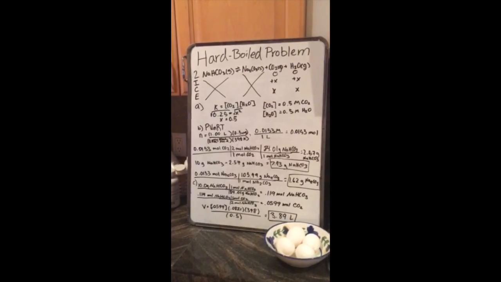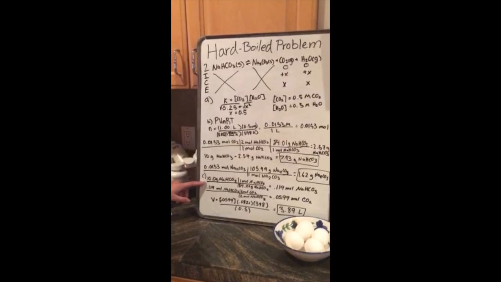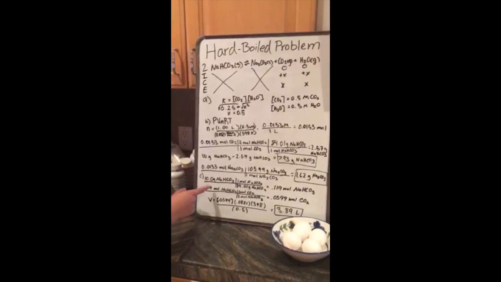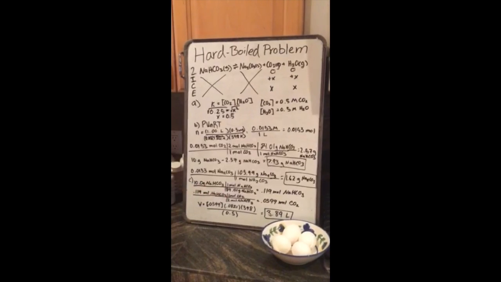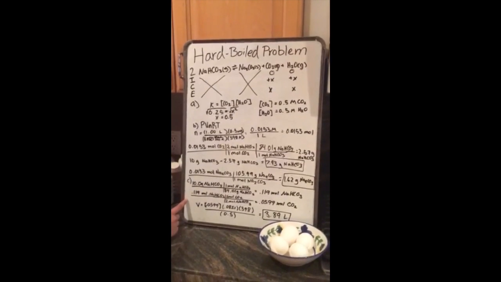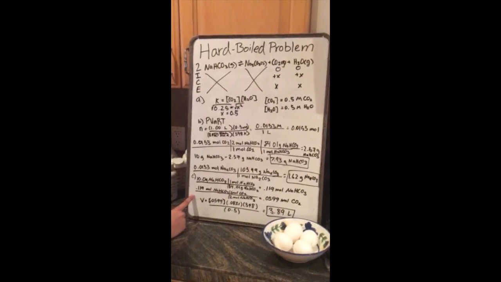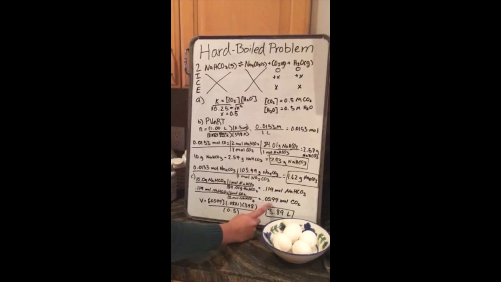Okay. So it's saying, what is the volume when given 10 grams of NaHCO3? So you use stoichiometry again to convert grams to moles. You guys should already know how to do that. And then with that given information, you find the CO2 by doing the mole ratio. So then you get this number.